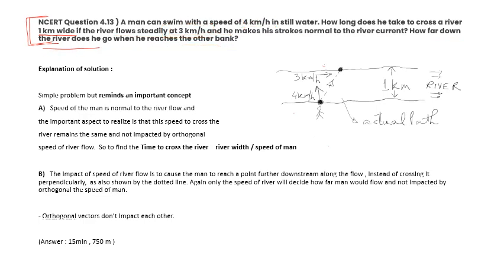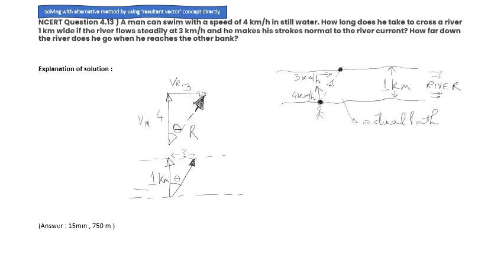So let's now move to the next question. Now, it's good to mention that there is another way to solve this problem, which is by the resultant vector method. We have learned how to add two vectors and find the resultant. We'll use that same simple principle. So let's look at it from the point of view of a resultant vector.